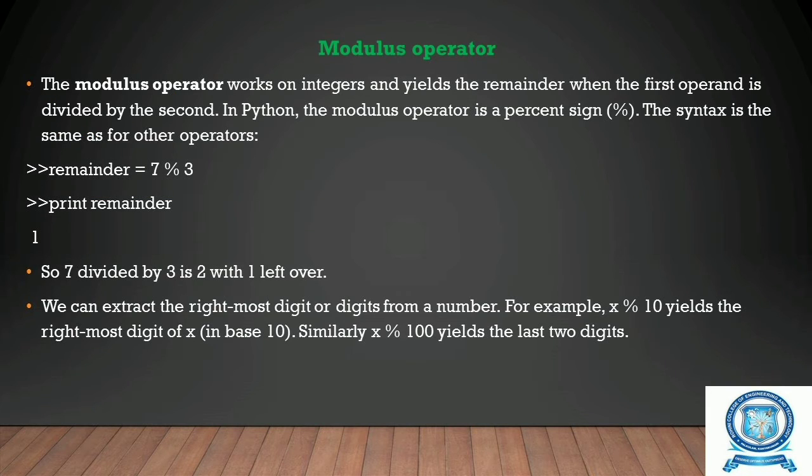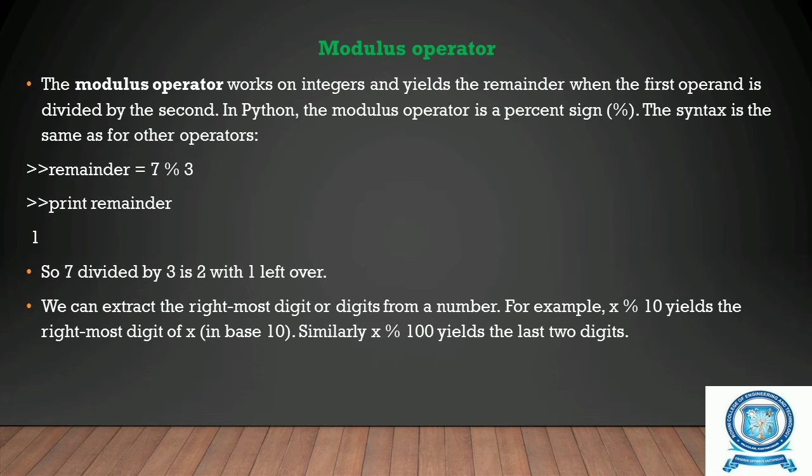Now let us see about the modulus operator. The modulus operator works on integers and it will yield the remainder when the first operand is divided by the second. Already we know about the division method. When we are dividing, we will get the remainder value as well as the quotient value. This modulus operator is also a type of division which will retrieve the remainder value.